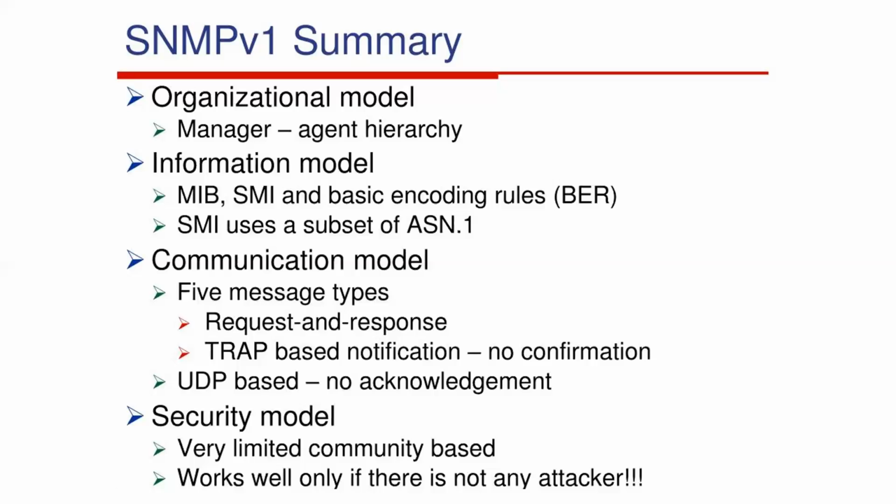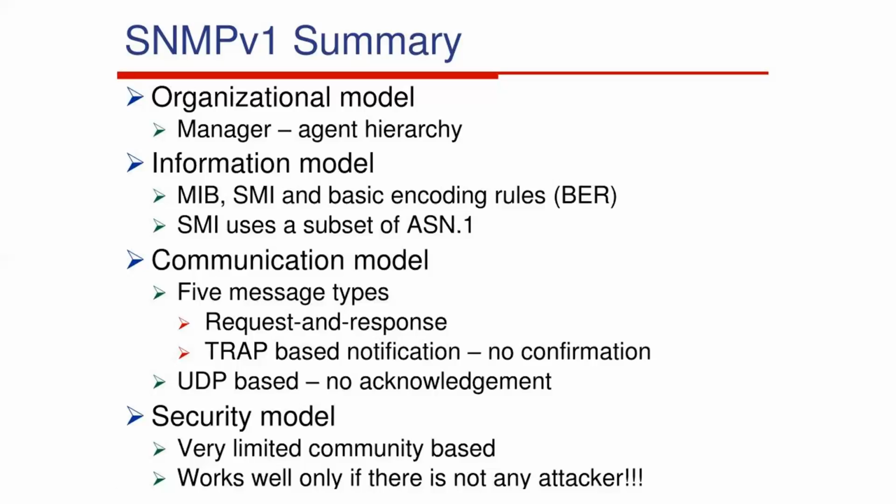In that communication model, what are all the commands and syntax we are going to use? Five different messages are used here, request and response, trap, UDP based. UDP for no acknowledgement, that one for acknowledgement, trap for no confirmation. Like that, communication is used for different devices.